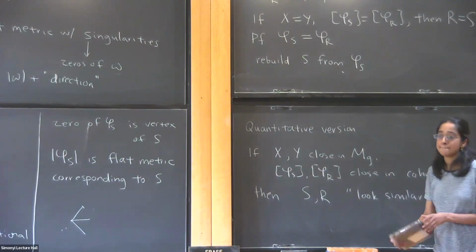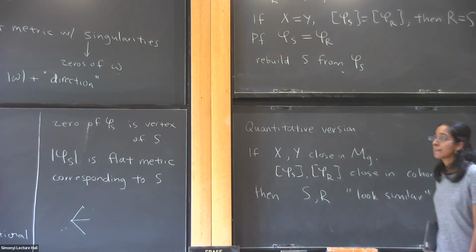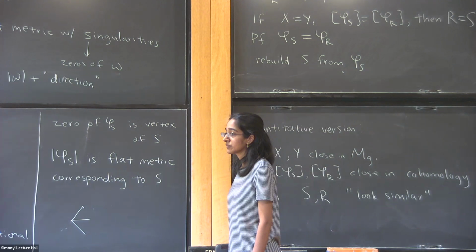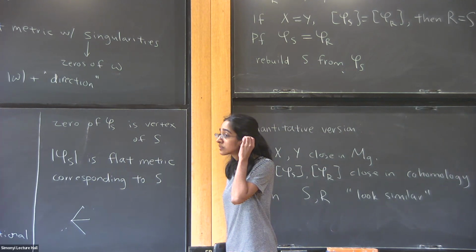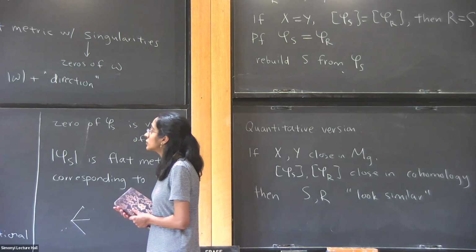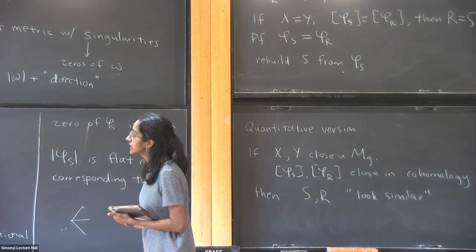Other questions? So here you use one form. Is it possible to avoid this problem of translational to use a section of the third tensor power of the bundle of one forms? Yeah. So if you have a triangulation, you'll get a sextic differential.